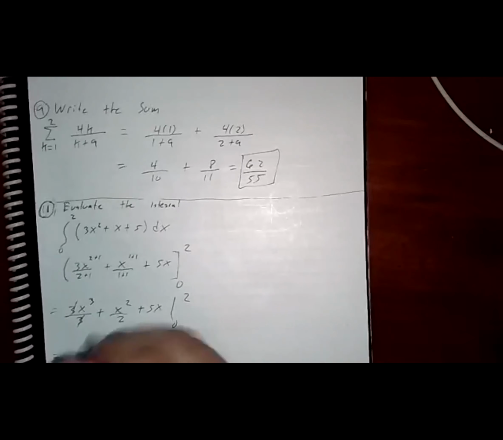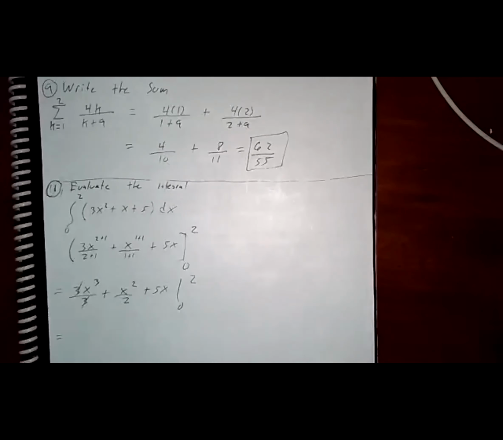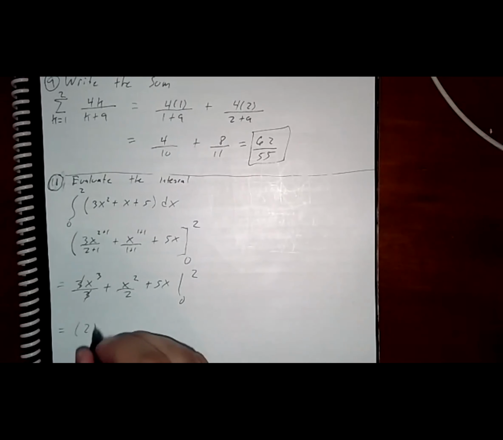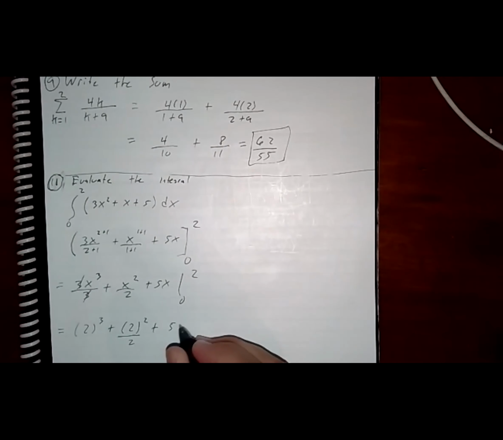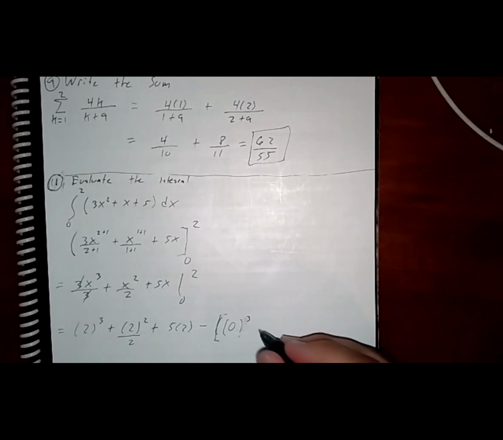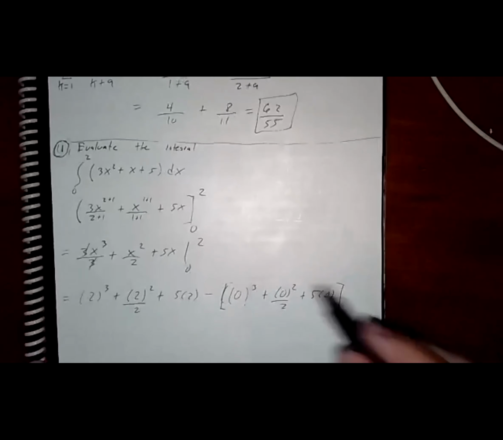So now evaluate, starting from the 2 minus the 0. So 2 plus 2, minus 0. Let's put some brackets right here. Minus 0 cubed plus 0 squared plus 5 times 0. All that is going to be gone, right?